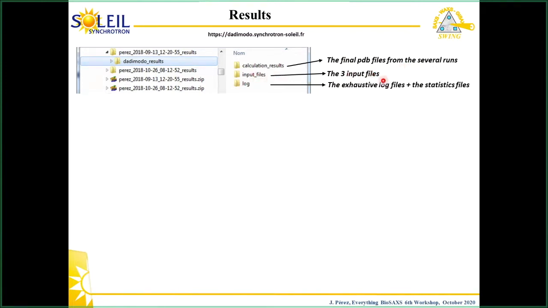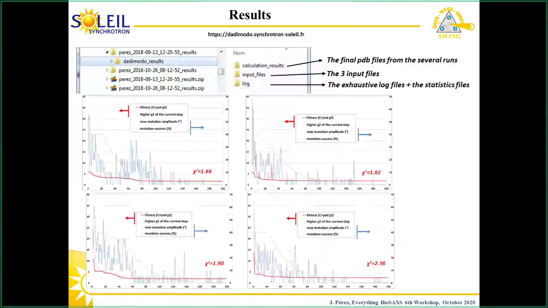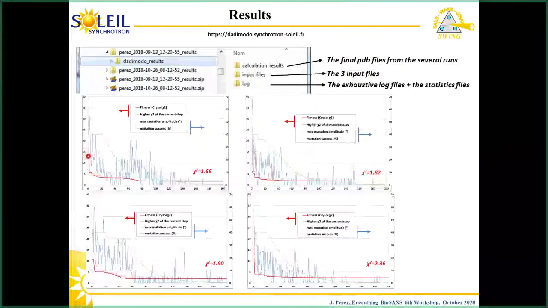A reminder of the 3 input files and all the log files concerning the run, and in particular for each run, the way the chi-square that you can see in red here decreases and finally reaches a constant value at the end of a given run here.